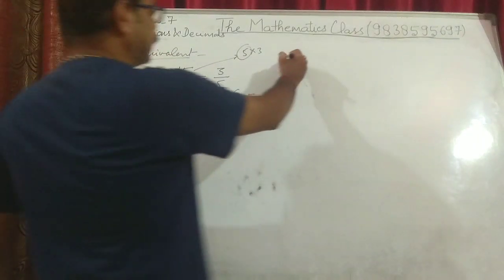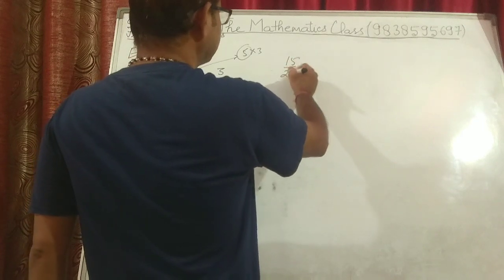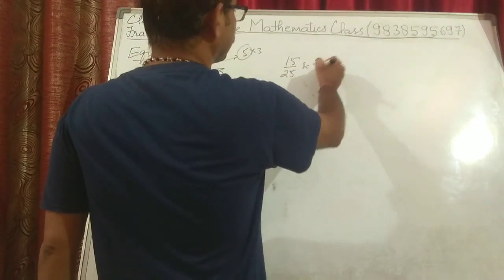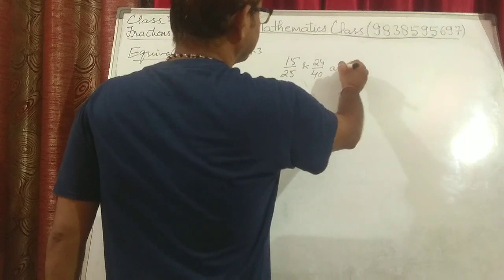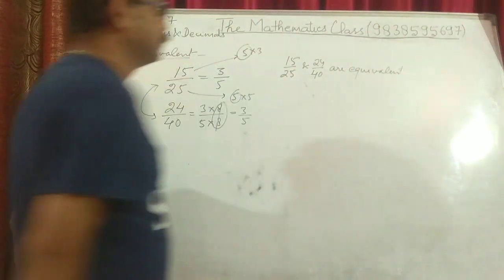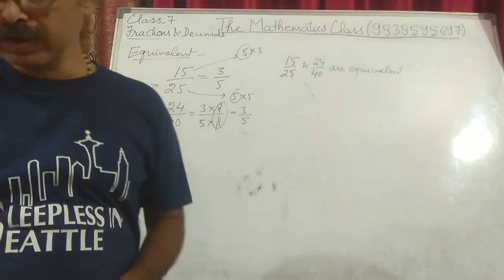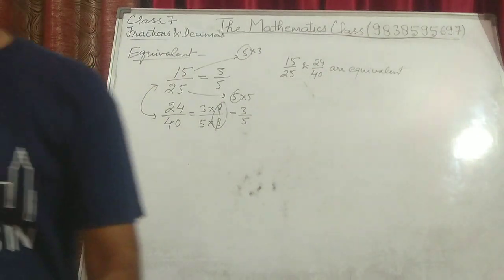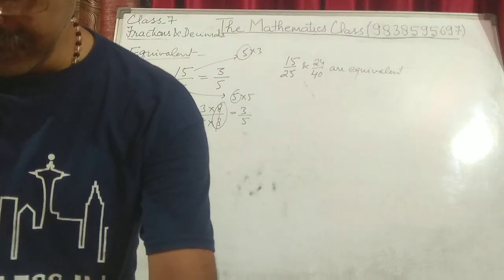Means 15 upon 25 and 24 upon 40 are equivalent fractions.